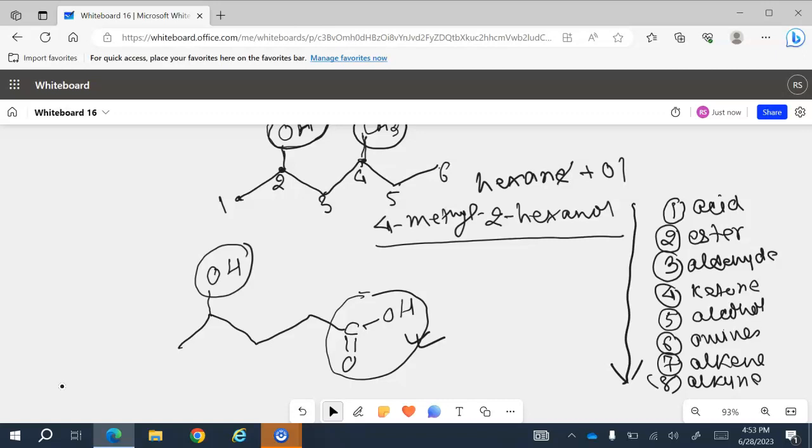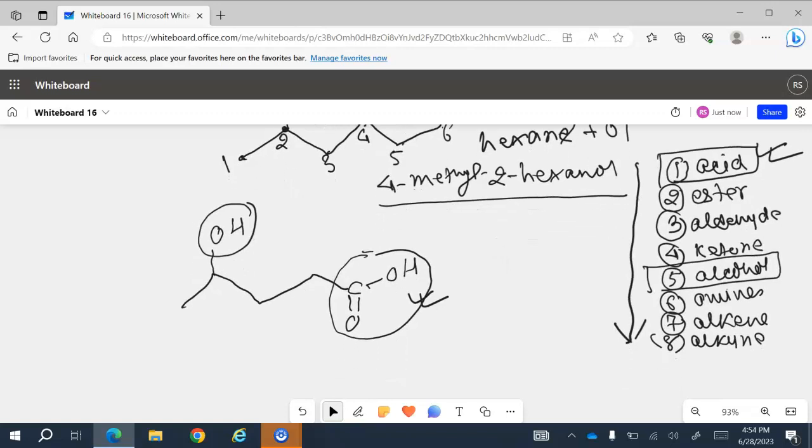Now in this case, there is an alcohol functional group and an acid functional group, so based on the priority, acid has the highest priority. So in this case we take alcohol as the substituent, and we prioritize the carboxylic acid, and acids are named by adding the suffix oic acid.